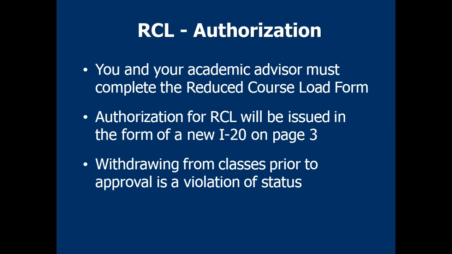Authorization for reduced course load will be issued in the form of a new I-20 and indicated on page 3. And this is the same for the J1 student. Please remember, withdrawing from class without approval is considered a violation of your status. You must receive all approvals before you can withdraw.